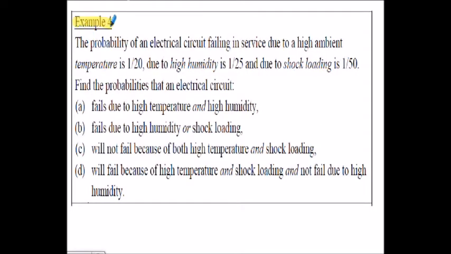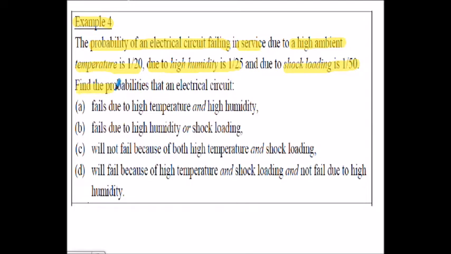Example 4 here, a bit more detail to digest. The probability of an electrical circuit failing in service due to a high ambient temperature is 1 upon 20. Failing due to high humidity is 1 upon 25, and failing due to shock loading applied to the circuit is 1 upon 50.